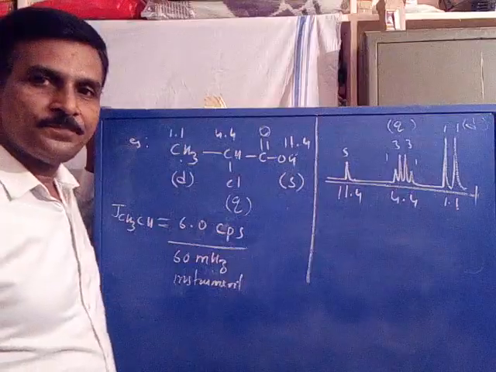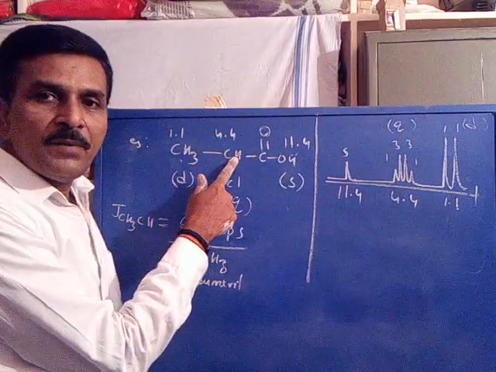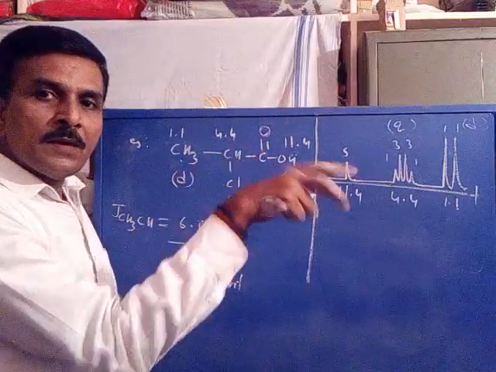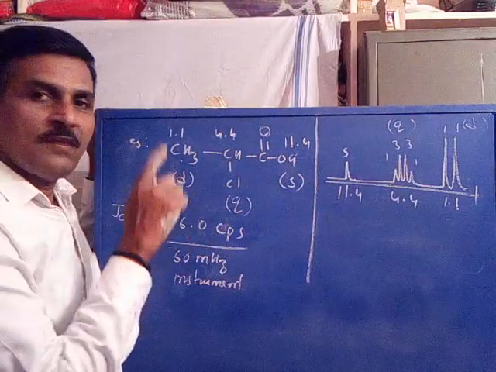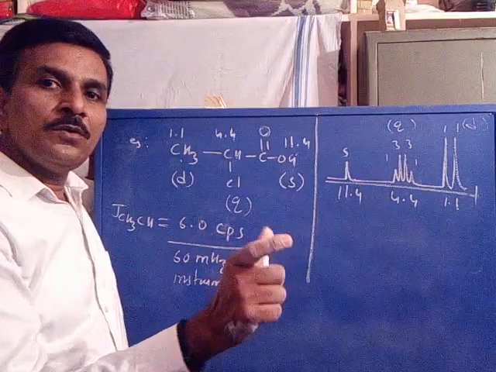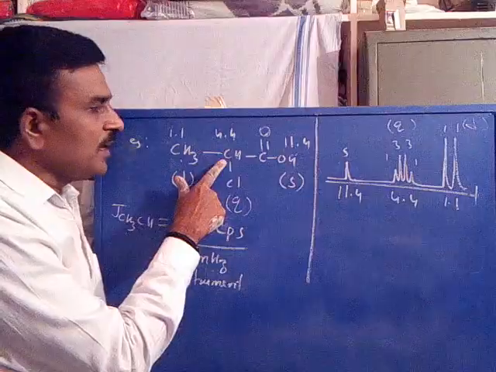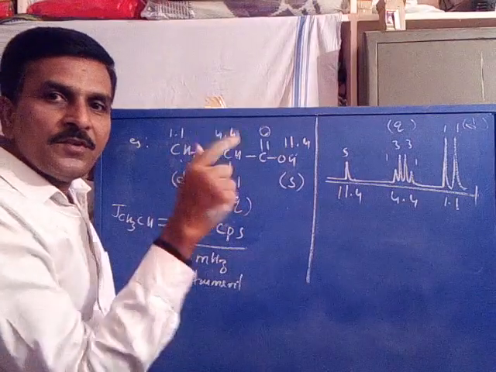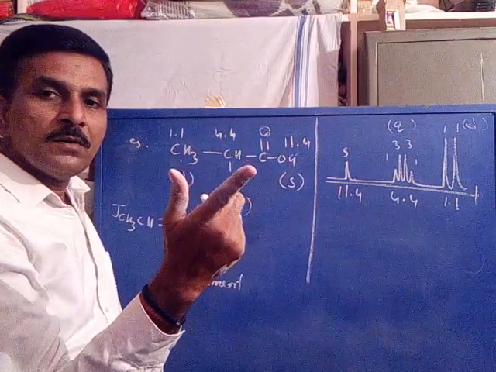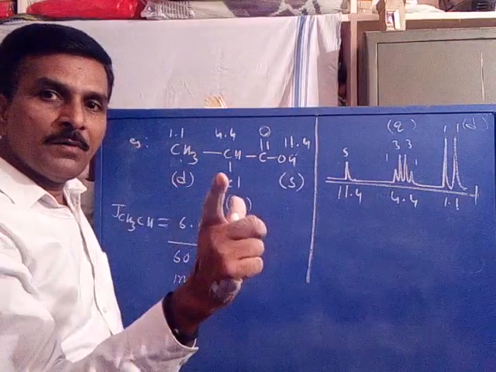Then designation. Now only two sets of protons are in coupling, so it comes under first order. Therefore we should use letter A and letter X. No need to go for letter M. Now the CH proton, just now I discussed, there is no designation for a proton which is uncoupled.